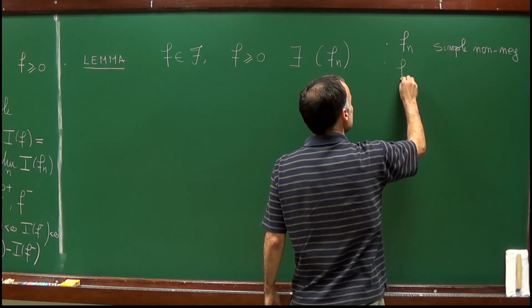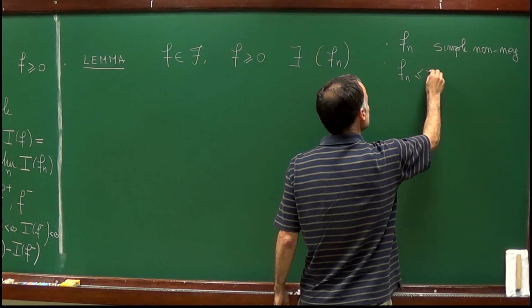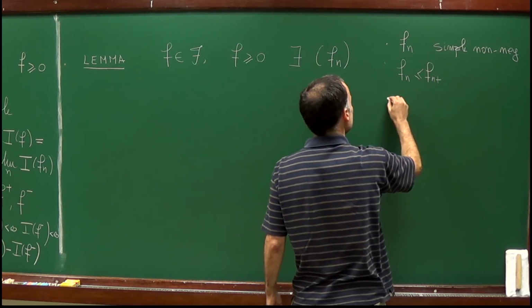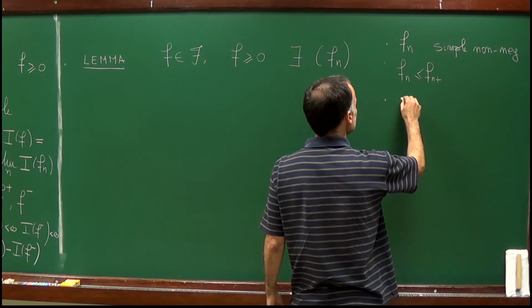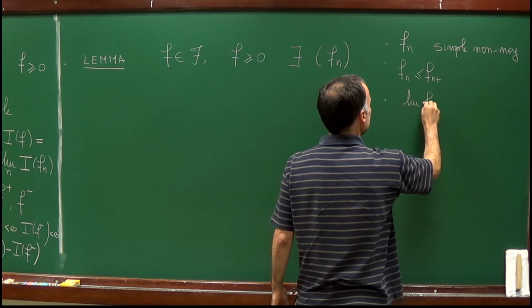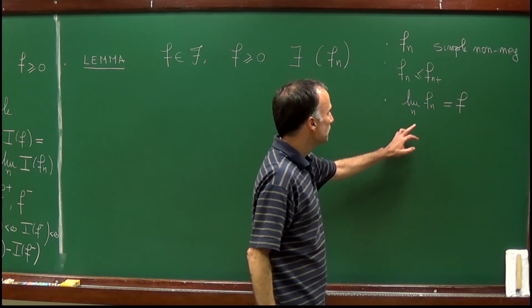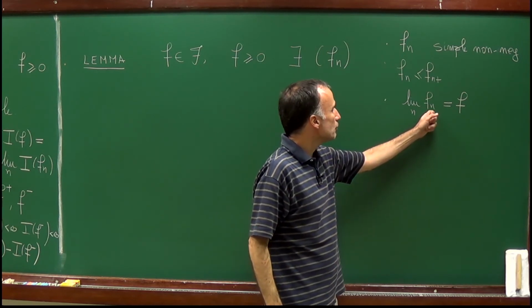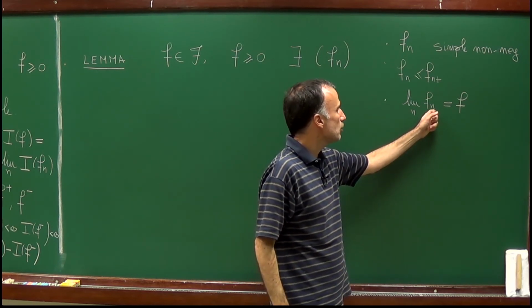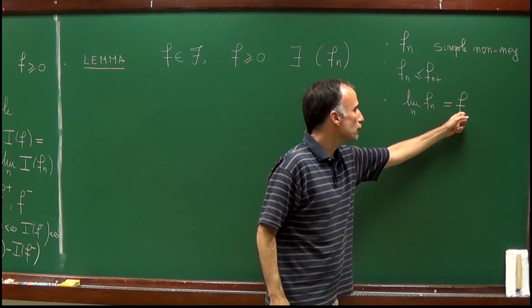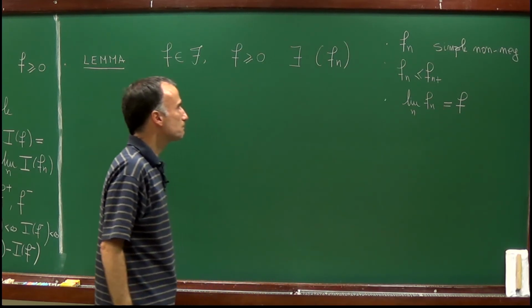Then, the sequence fn is monotone. And finally, the limit of fn is equal to f, and by limit I mean a pointwise limit, which means that for any x in omega, fn of x converges to f of x.